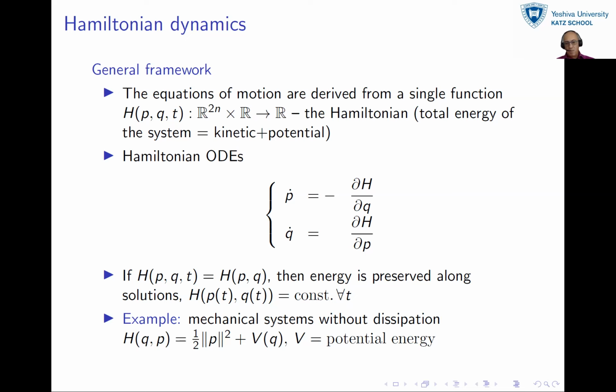And these differential equations are the so-called Hamiltonian systems. Hamiltonian systems are systems of differential equations that are encapsulated by a single function. So if you know this function, which is called the Hamiltonian, then you can write a system of differential equations and you solve it.